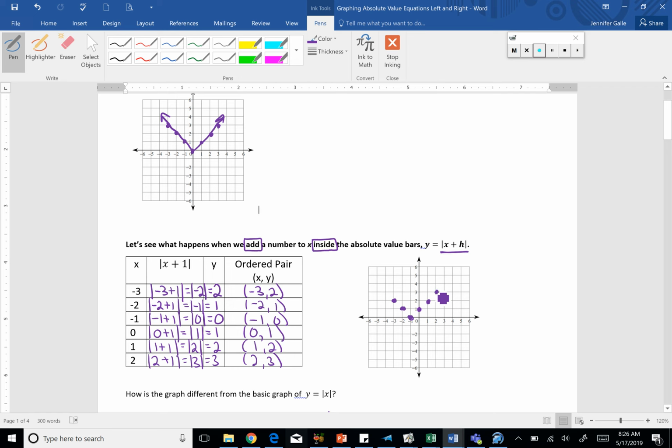Now we've got kind of that weird point there. But I put this one on there, I knew it was going to do this. I wanted to take the opportunity to make the point that if you try to make a table, and this happens to you where your V looks a little lopsided, use that symmetric property and even it out. Don't draw an uneven V. This one right here should have a point. So let's see, here's the middle of our V, where it changes directions.